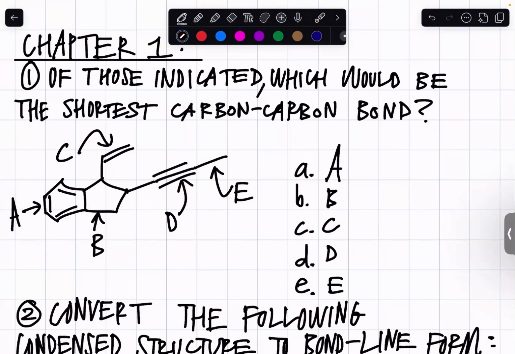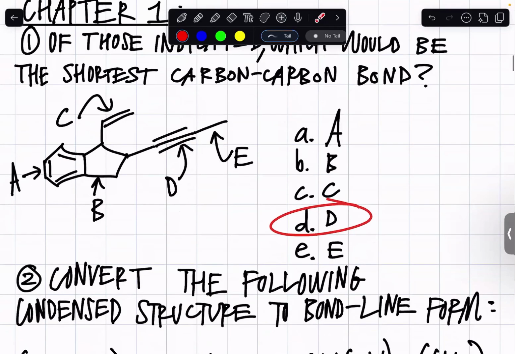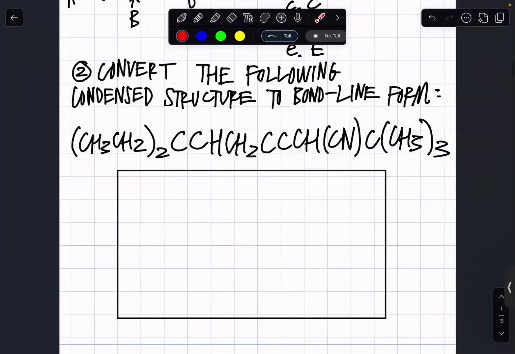And why is D the shortest bond? Because if you go from a single bond to a double bond to a triple bond, the bond strength increases, therefore the bond length decreases. Correct. Nice.